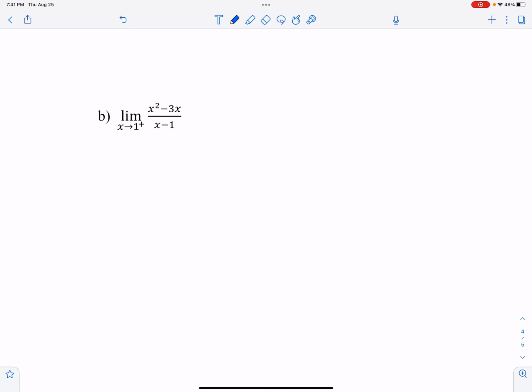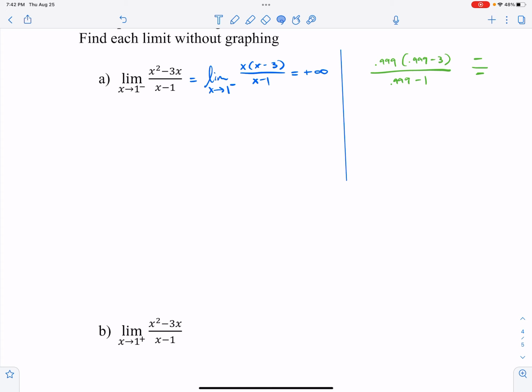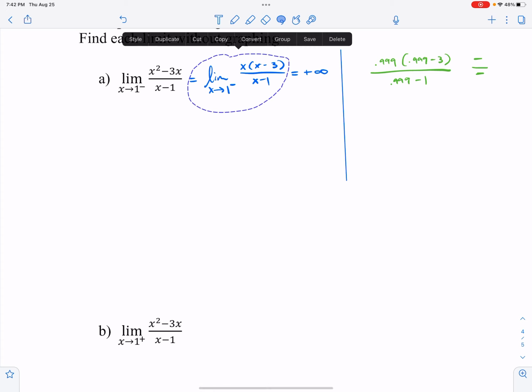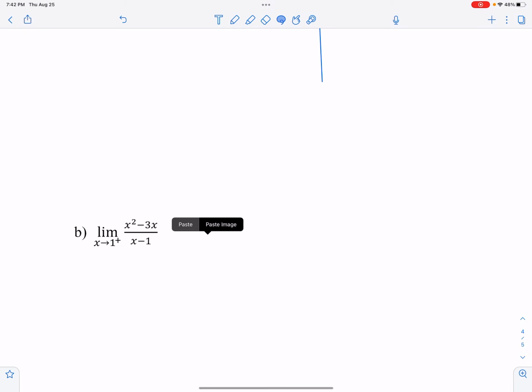And then, same function, just the limit as x approaches 1 from the right this time. Okay, so using the same factored form of the limit, I'm going to do my side work.